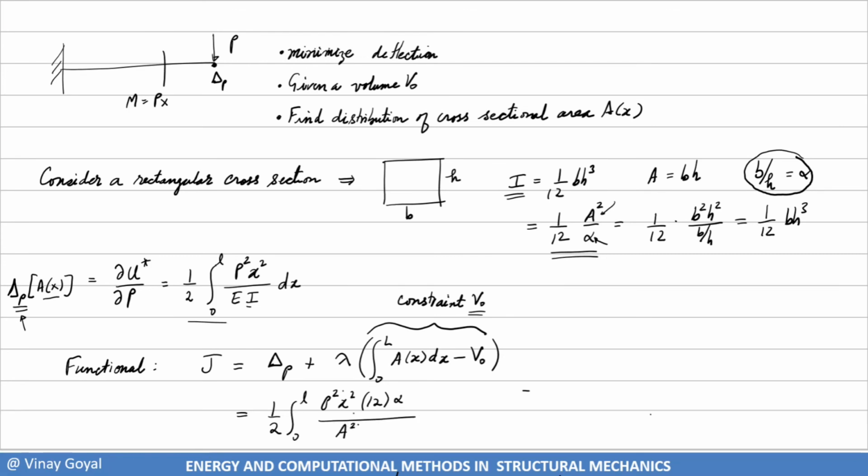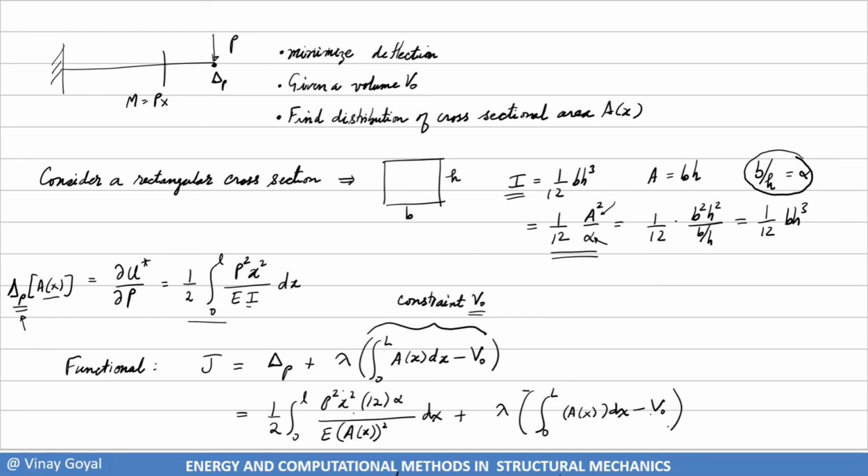The problem is that A is now a function of x, so I cannot take it outside of the integral anymore. dx, plus, and hopefully my steps are correct in what I've done, plus lambda, integral 0 to L, A of x dx minus V naught.